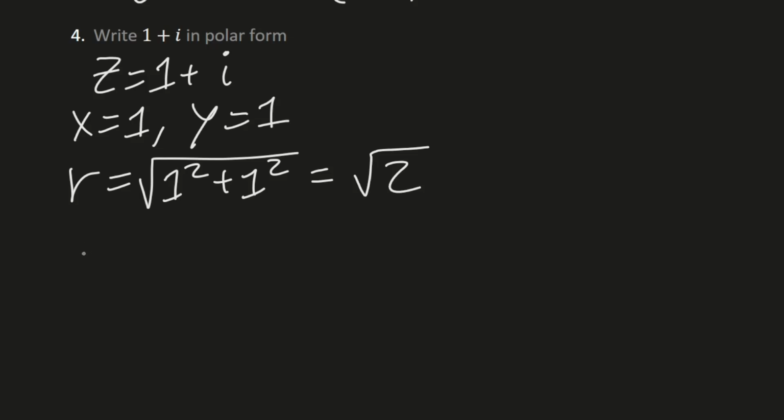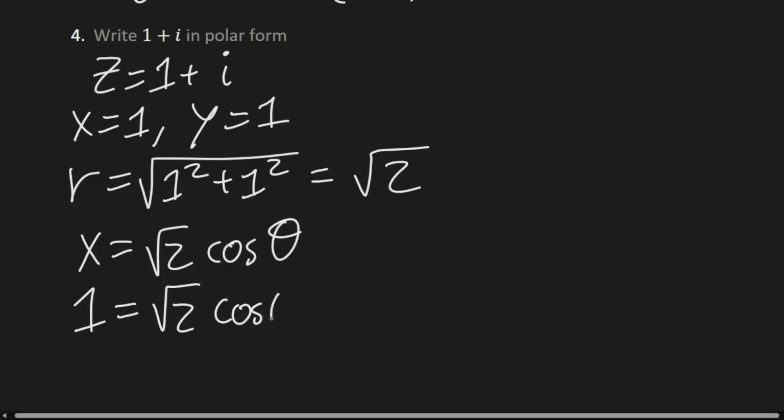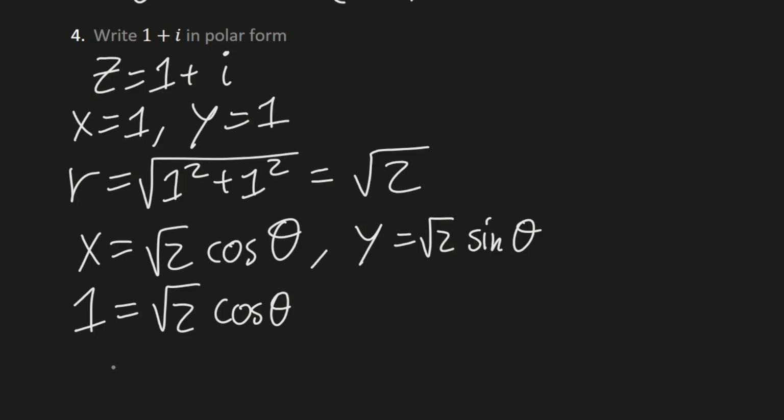so x is equal to the square root of 2 times cosine of theta. And y is equal to the square root of 2 times sine of theta. So you substitute in the values like you've written there. So y is equal to 1, which is equal to square root of 2 times sine of theta.